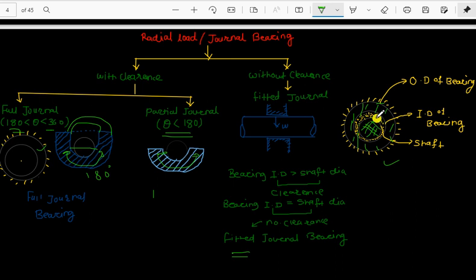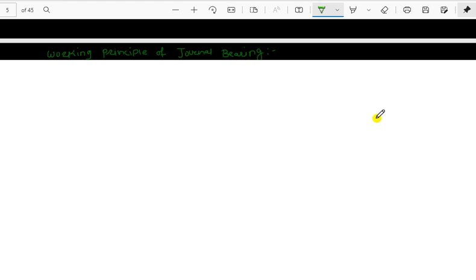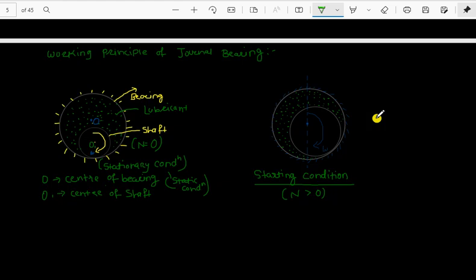You will see in the next figure. Here you can see clearly. At the very first, when the speed is 0, RPM is 0, both these surfaces will be in contact. The shaft will be in direct contact with the bearing surface. This is the inner diameter of the bearing.